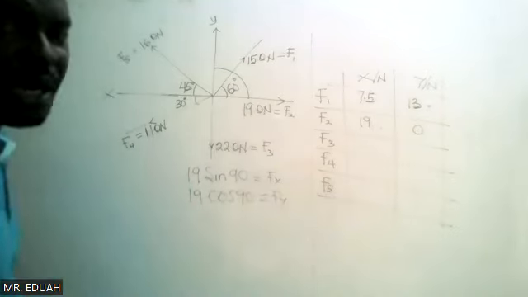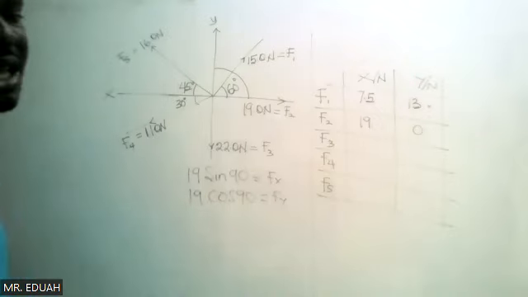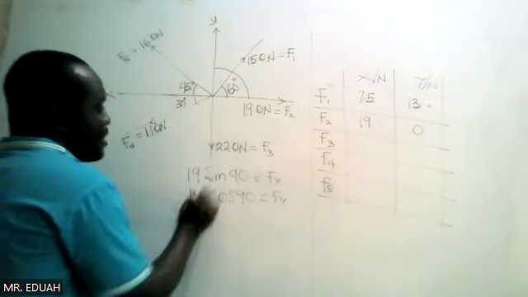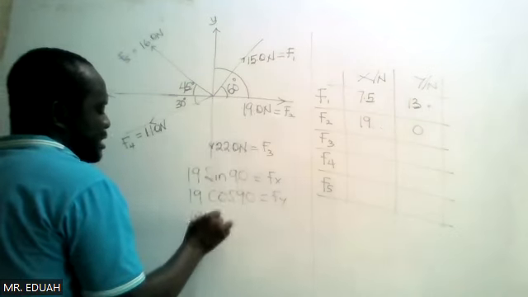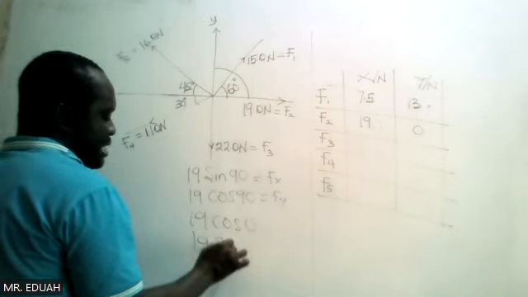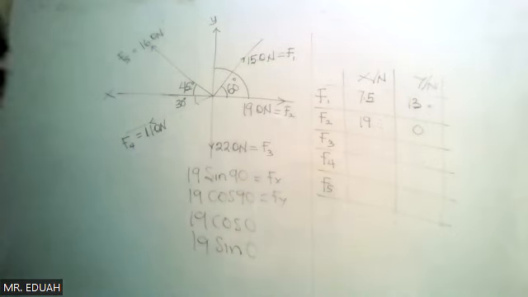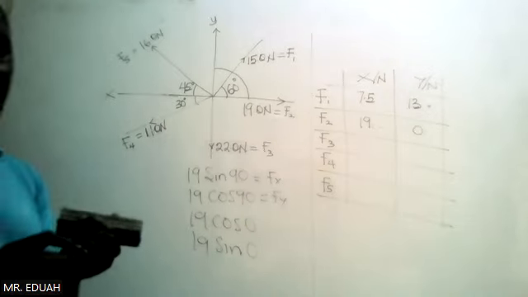Sine 90 is 1, and cos 90 is 0. Another way out is that it makes an angle of 0 degrees with the X axis. So 19 cos 0 and 19 sine 0. Cos 0 is 1, sine 0 is 0. So both ways would give you the same result.